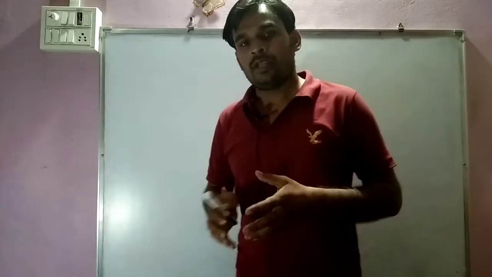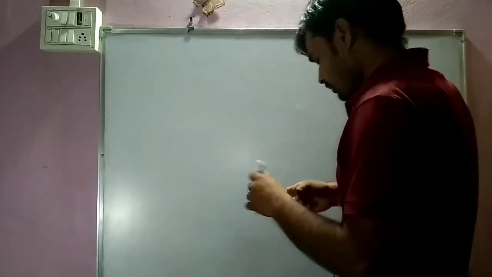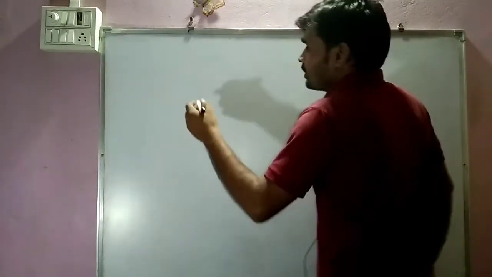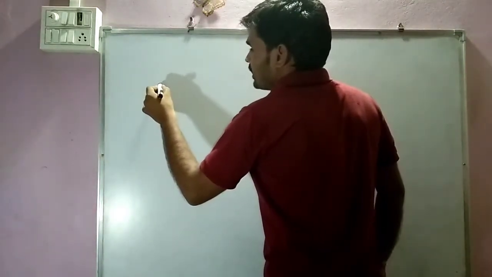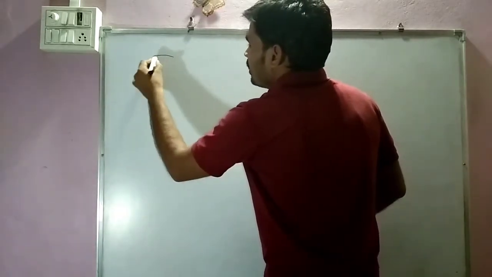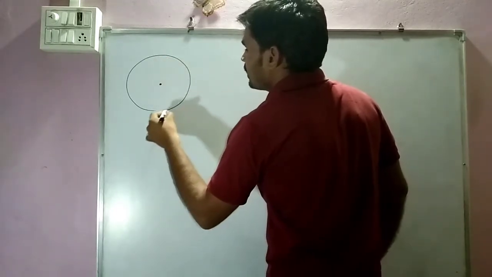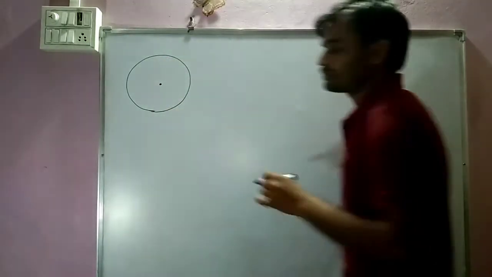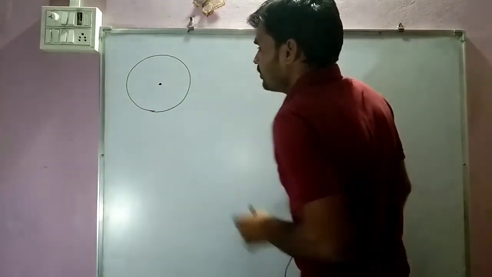When we talk about the circle, how can we make a circle? With the help of a rounder, by fixing its one leg at a fixed point, we round it and draw a figure like this, and we say this is a circle.